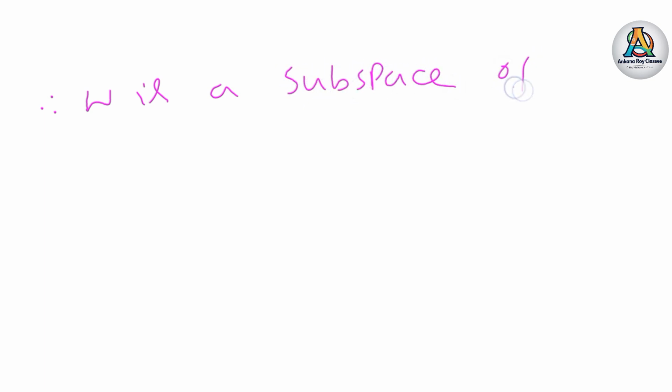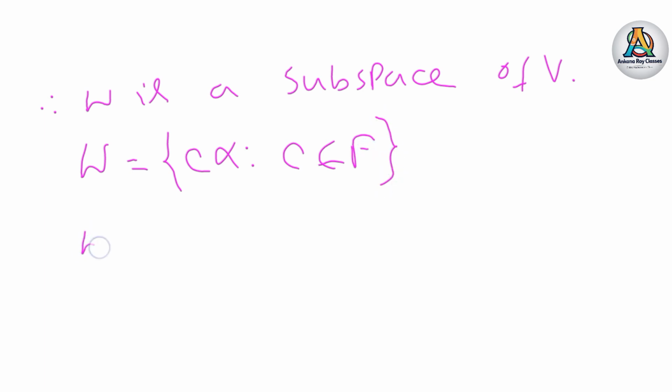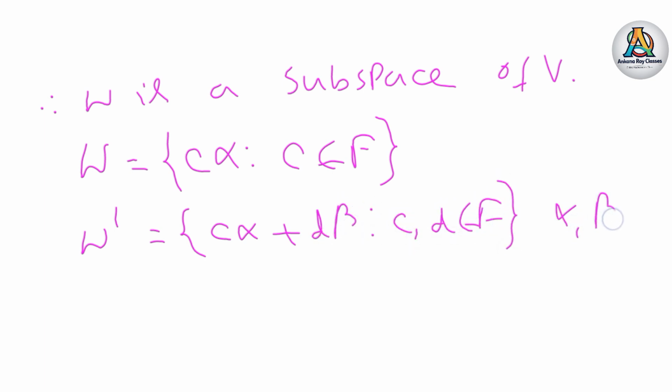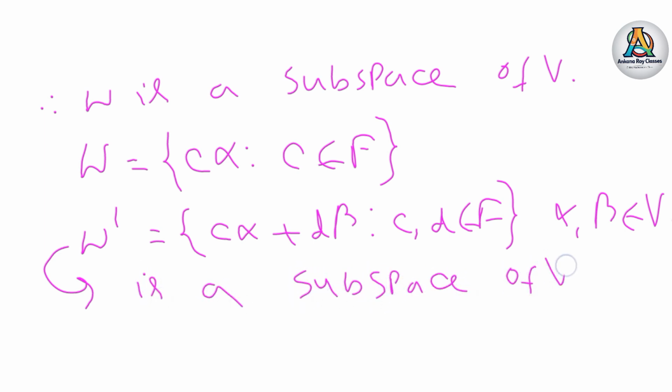So here we take W equal to C alpha such that C belongs to capital F. If we take W dash equal to C alpha plus D beta such that C and D belong to capital F, where alpha and beta belong to capital V, then similarly we can prove that W dash is a subspace of V, and we can continue this process.